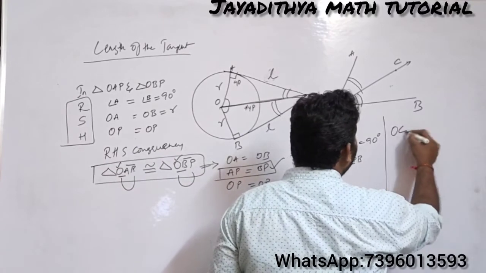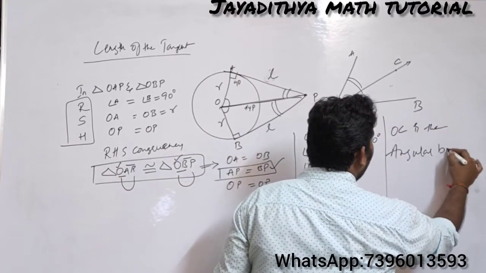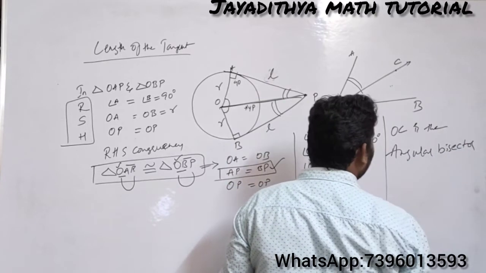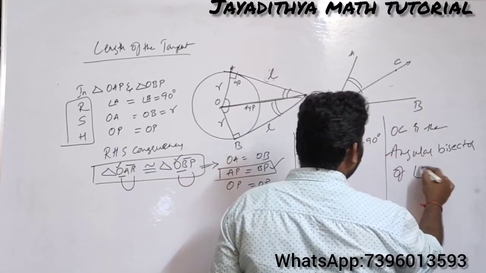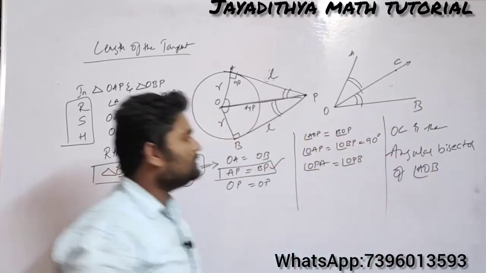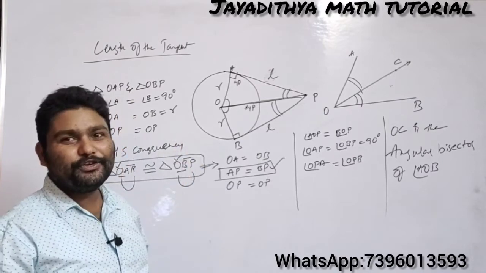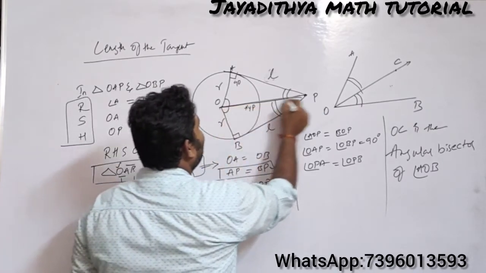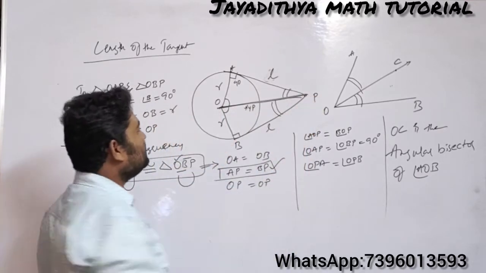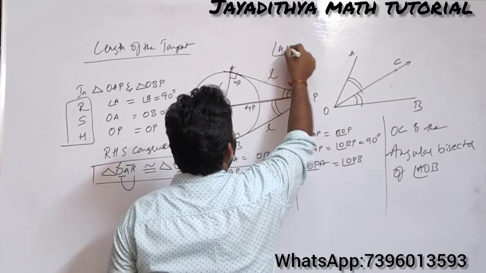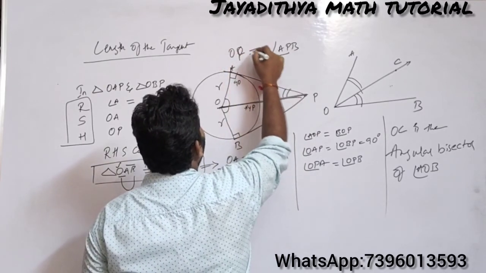So here you can conclude OC is the angular bisector of angle AOB. So here also you can say that OP will be the angular bisector for angle APB.